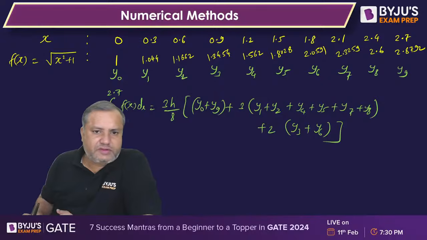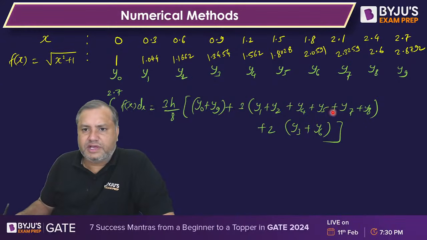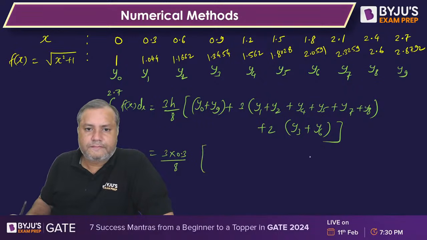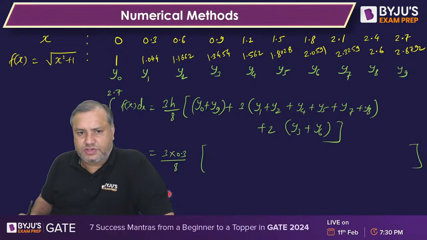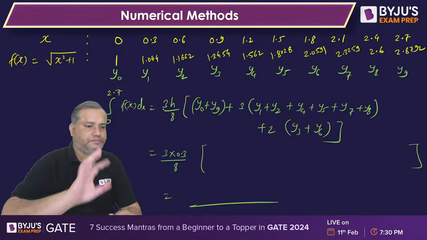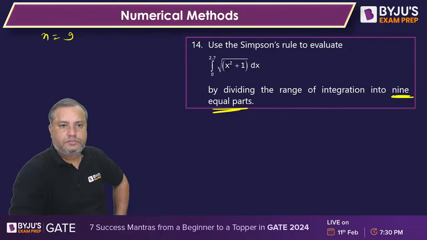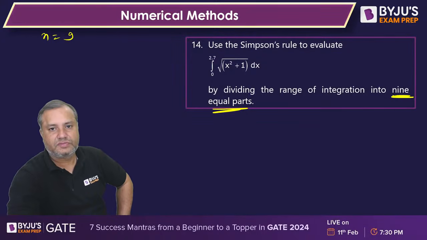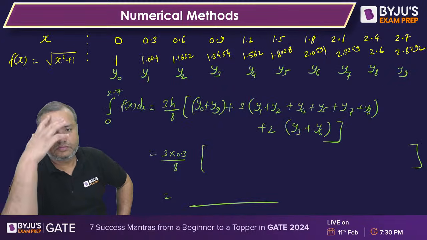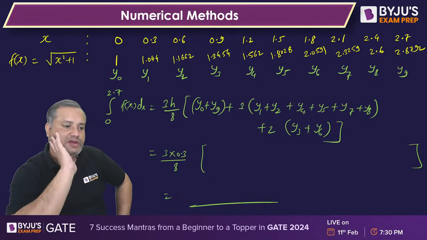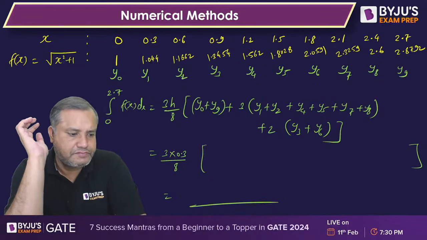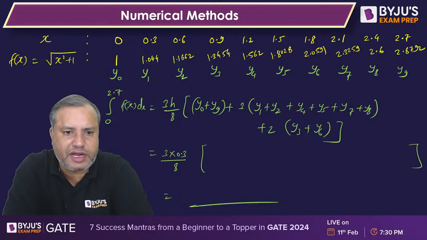So students, I request all of you to put the values from the table here and just find out. So h is 0.3. Do the calculations and let me know. Have your response fast. I'll give you 1 minute.